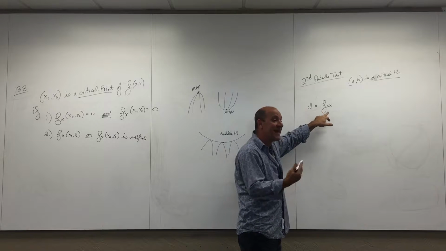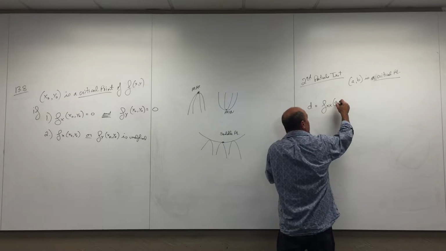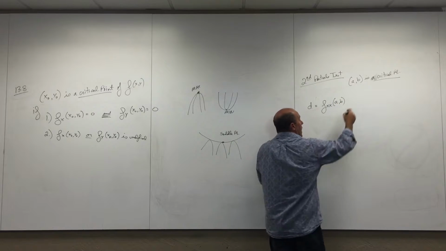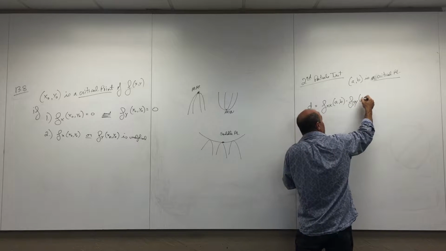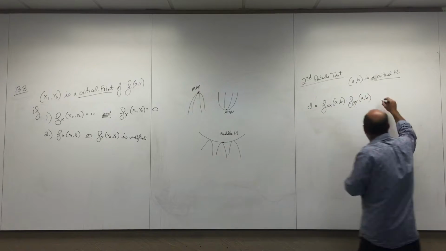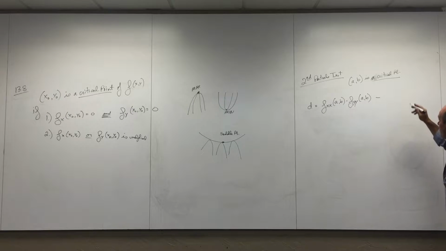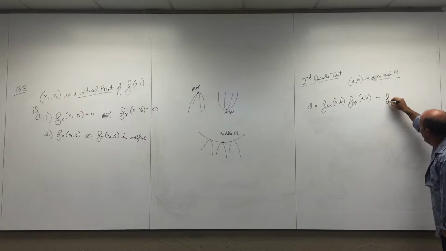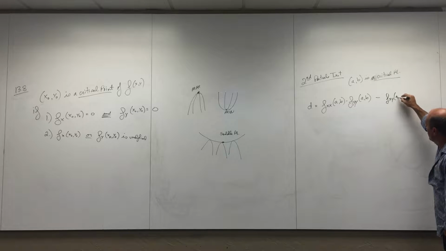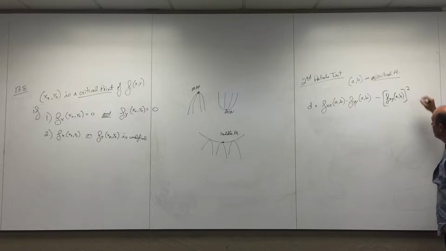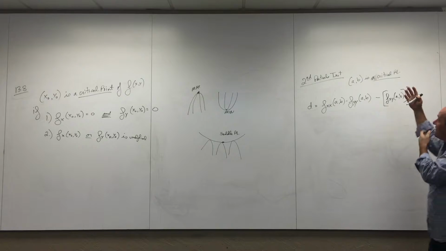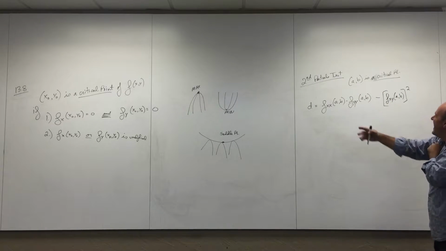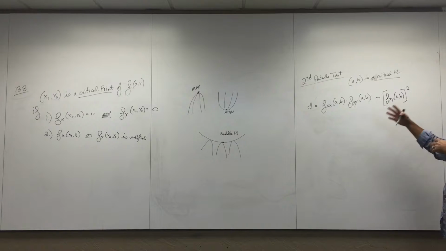Evaluate that second derivative at the point (a, b), multiply it by fyy evaluated at (a, b), and subtract the mixed partial, fxy evaluated at (a, b). But hang on, that thing is squared.